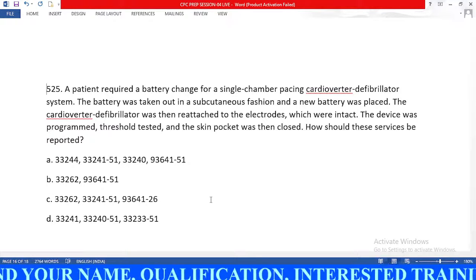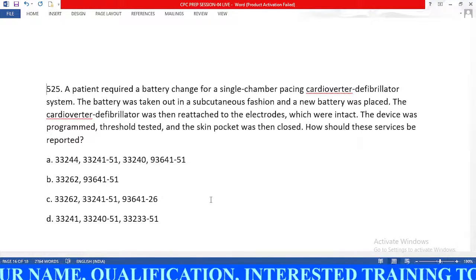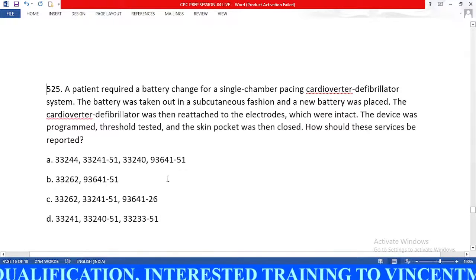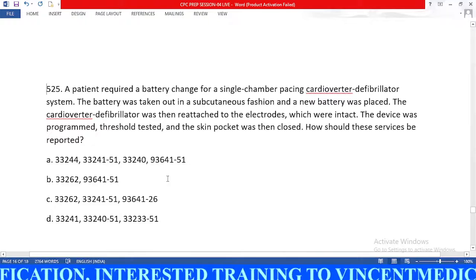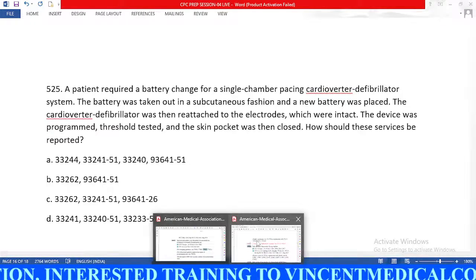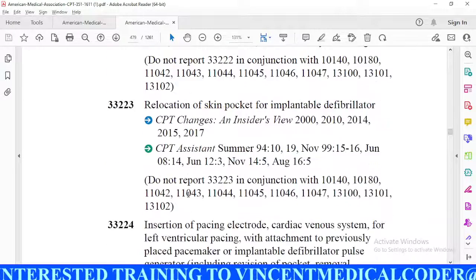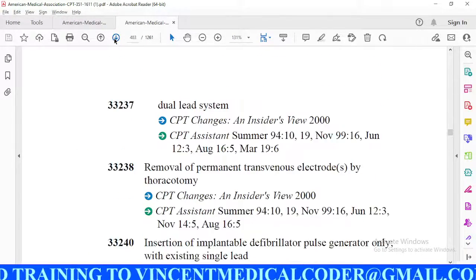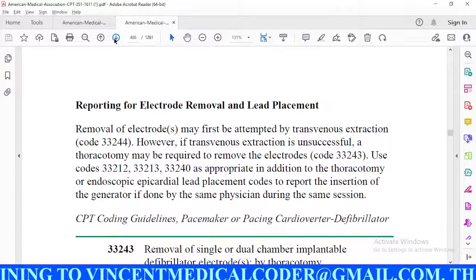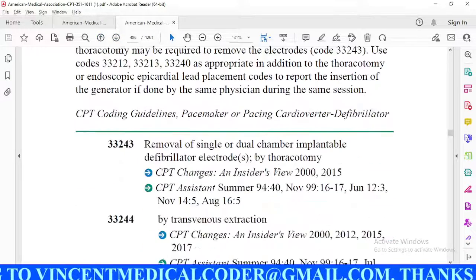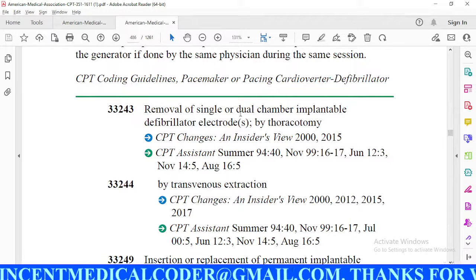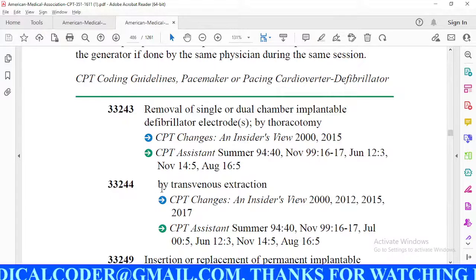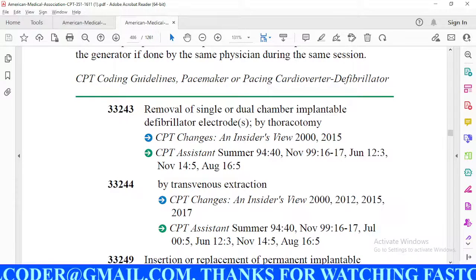So now it is 10:30, time's up. We will check only the initial codes and compare them with our code description. So what is 33244? Removal of single or dual chamber implantable defibrillator electrode by thoracotomy, 33244 by transvenous extraction.